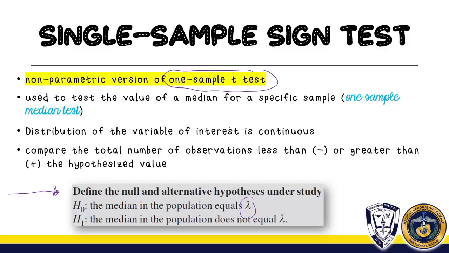So, that's all. This is a guide for you if the example in your laboratory activity is a single sample sign test. At least you have a template as to how you will state your null and alternative hypotheses.